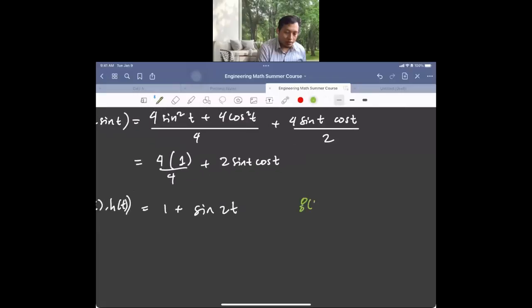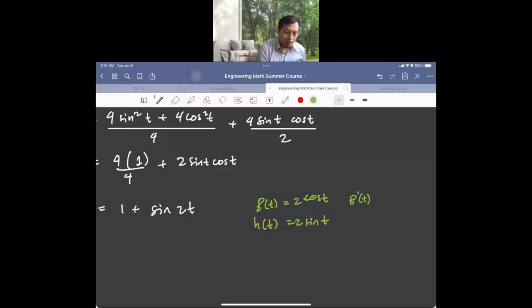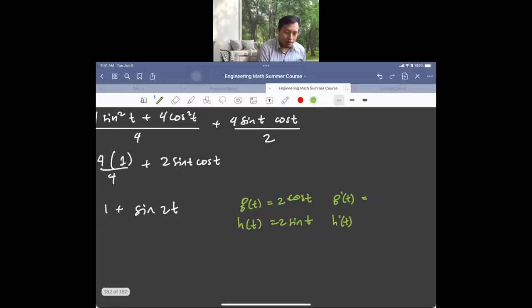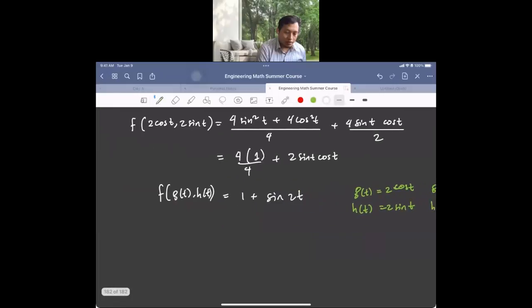Then if we have g of t is 2 cos t and h of t is 2 sin t, then we can differentiate both of them, and we need this to take on the formulation of the line integral.